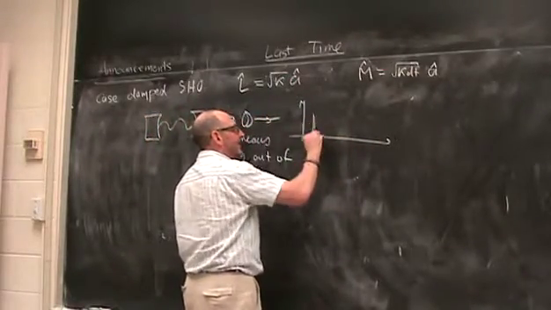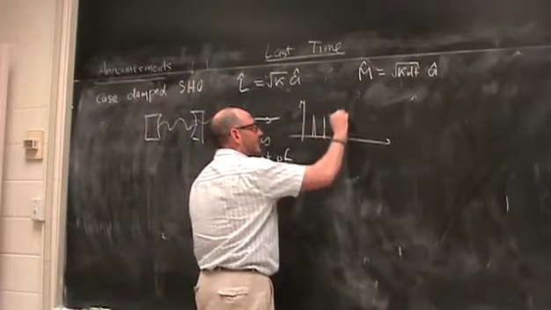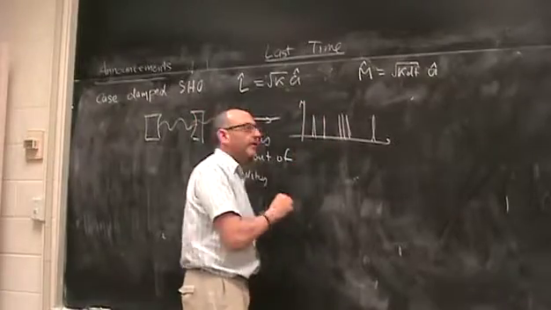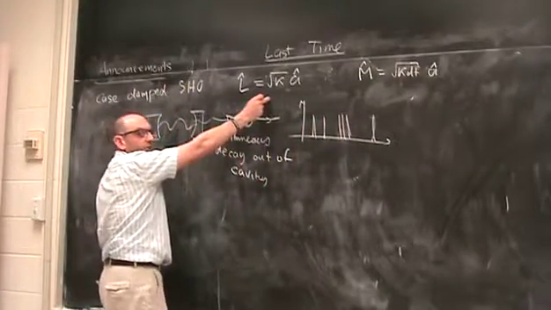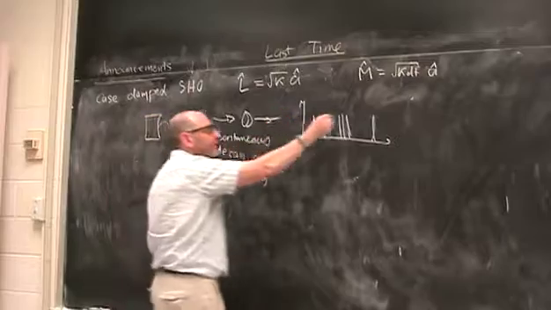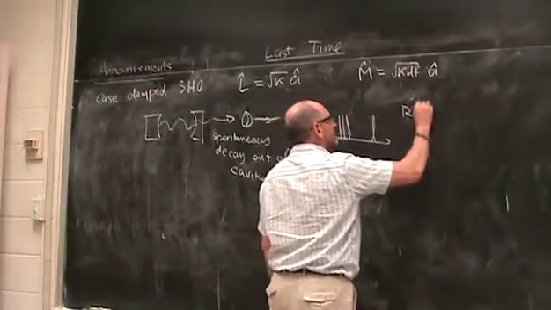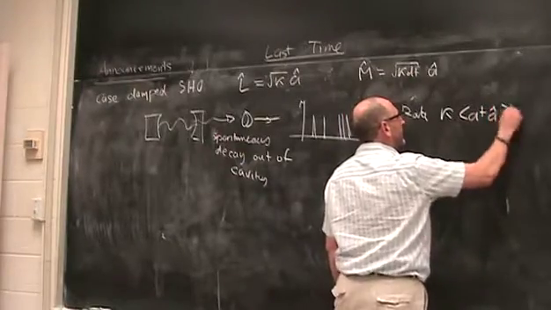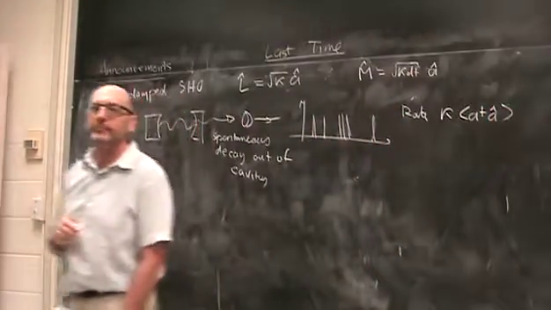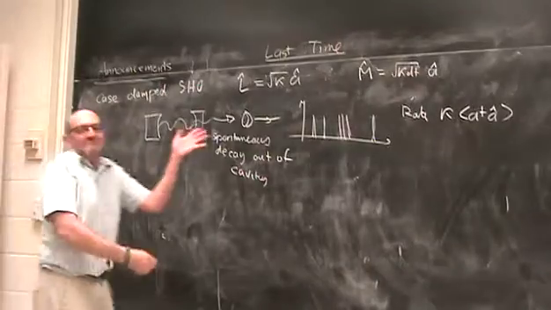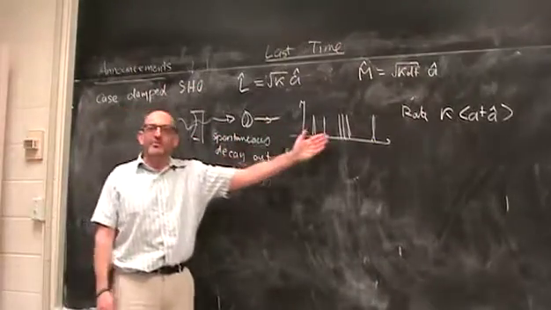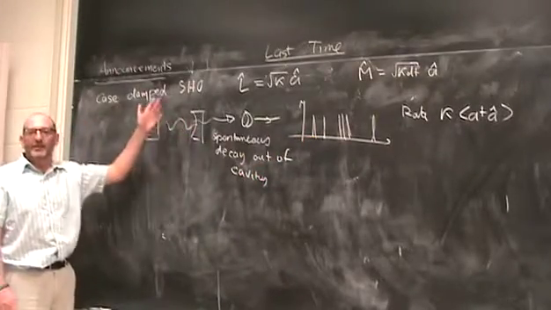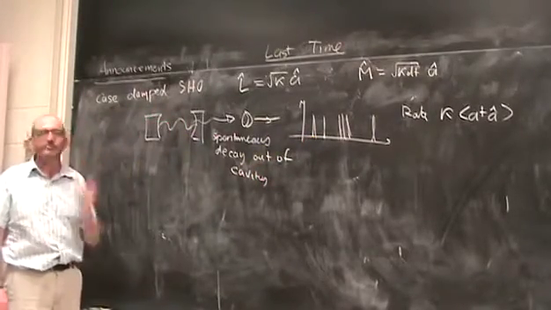We'll see some random clicks corresponding to detecting these photons with an average rate, which is kappa times a dagger a. And then conditioned on this measurement record, we would see just a particular decay out of the cavity.